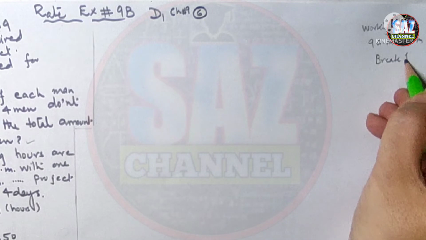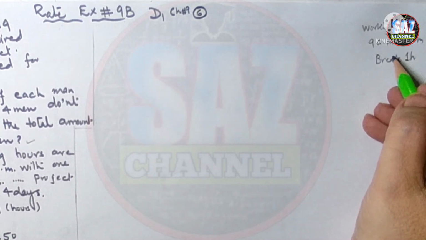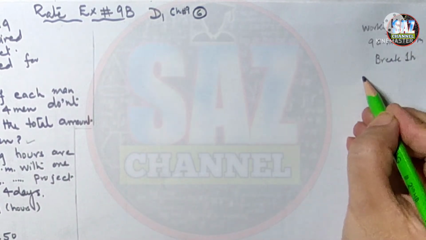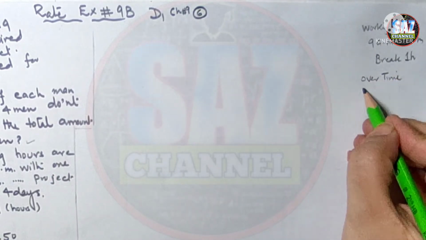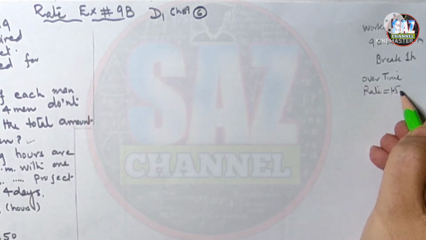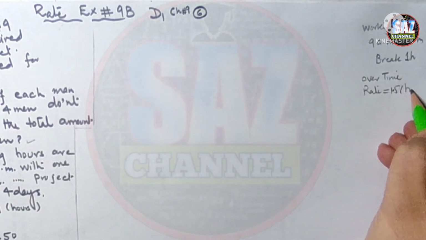Then the question says, given that if they work overtime, the rate is 1.5 times their hourly rate.